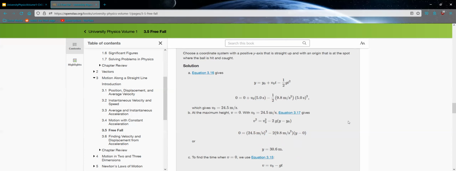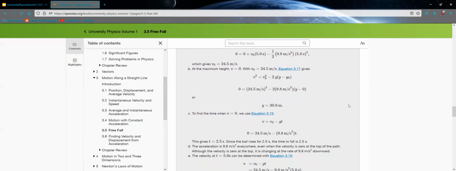For example, as shown here, if we assume our starting initial y naught and we have y be the apex, or the top of the pop fly, as opposed to part A where we assumed y was when it was caught again, we can then determine how high up something goes, given that its initial velocity is 24.5 meters per second, and its acceleration is negative 9.8 meters per second squared. Or in this case, the subtraction sign covers that for me. Then we find out that the pop fly goes about 30.6 meters up in the air.